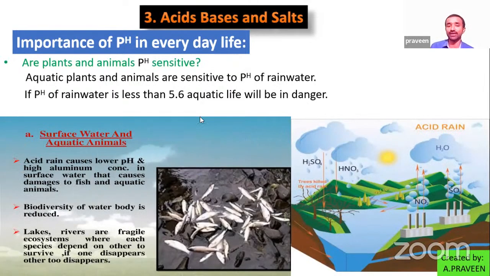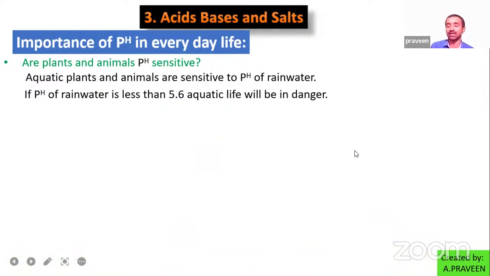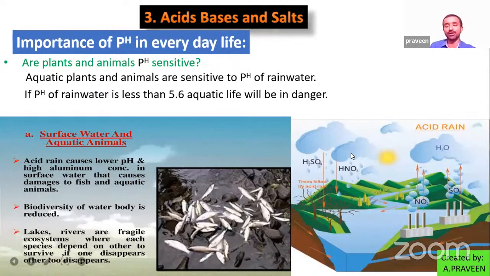So if acidic rain occurs in your surroundings, what happens? It will be released into the streams, rivers, lakes, and ponds. Then acidic rain lowers the pH value of that water.